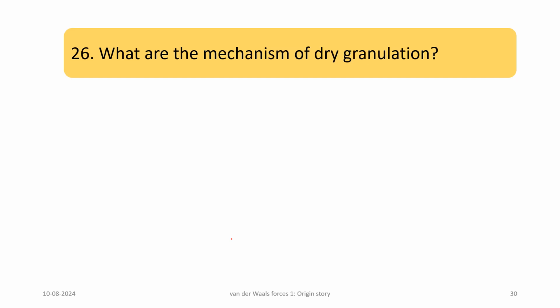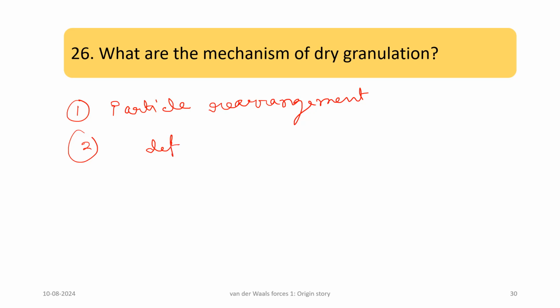Next, what are the mechanisms of dry granulation? The process of dry granulation depends on the interparticle interaction. First, particle rearrangement, then particle deformation, then they will be fragmented into smaller particles, that is the fragmentation step.